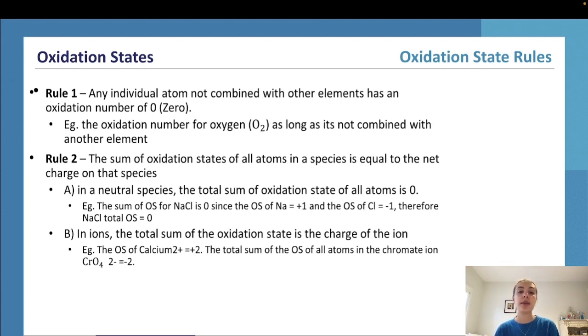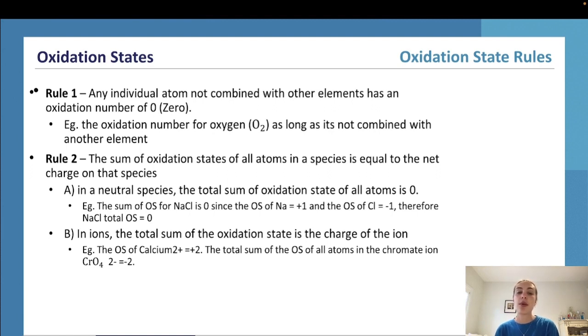However, the individual atoms within that molecule are going to be charged. The total oxidation state is 0, but that's because the sodium and the chlorine each have a value which adds up to 0.